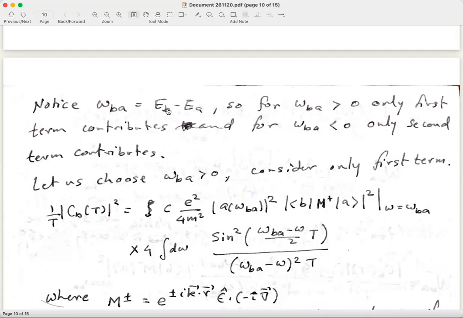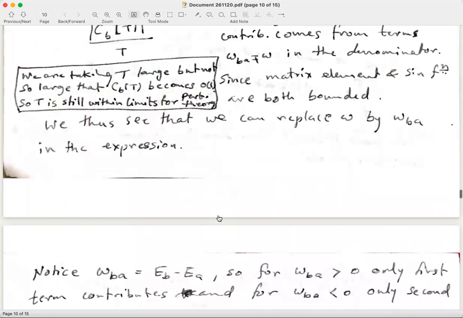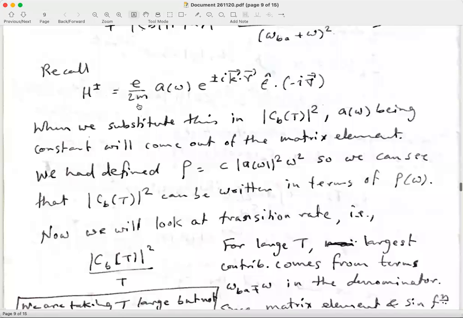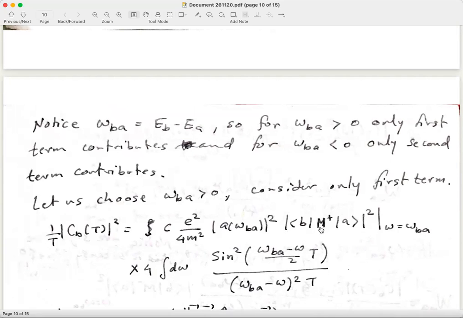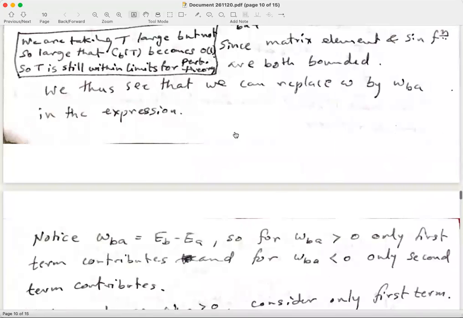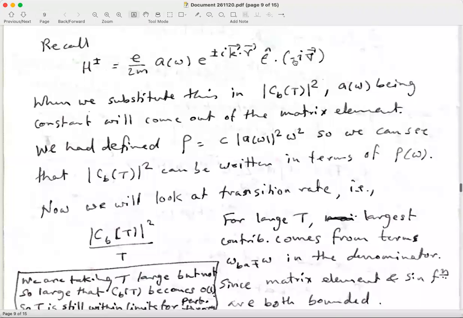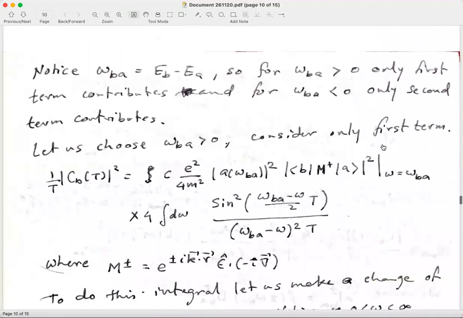So omega BA is positive, and in that case only the first matrix element is going to contribute, and so 1 over T times mod CBT squared, I could have written the whole thing in terms of rho, but nevertheless, is E squared upon 4m squared, which is the factor that comes from the perturbation Hamiltonian, times mod A omega squared, all factored out, times the mod square of the matrix element M plus, which just represents these pieces, e to the i k dot r times epsilon dot p, evaluated at omega equal to omega BA, times 4 times the integral d omega of sine squared of this argument upon omega BA minus omega squared, divided by t.